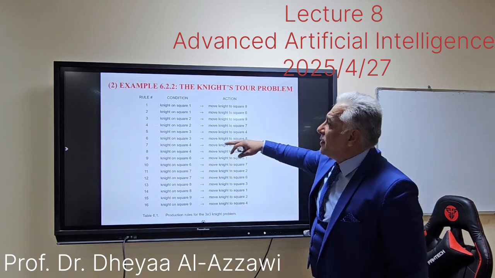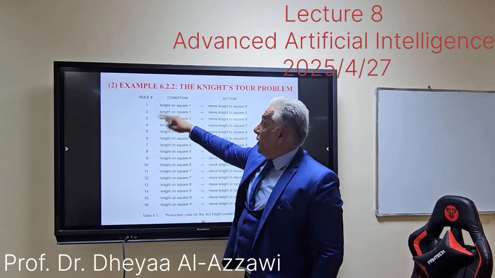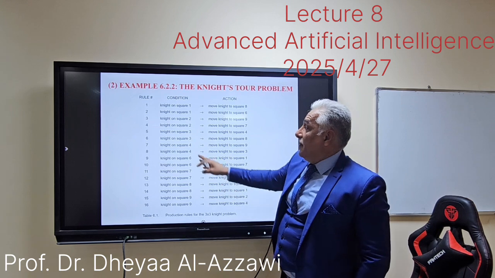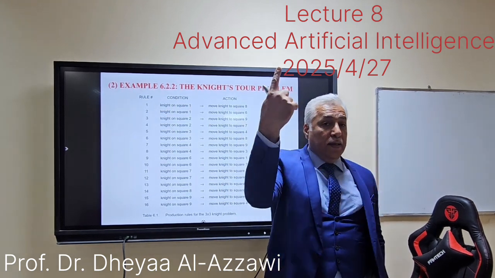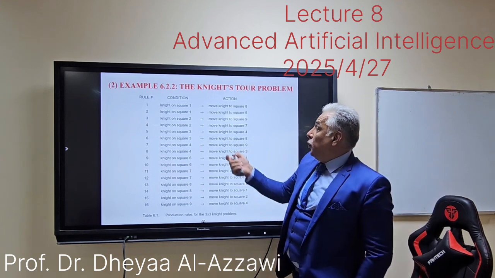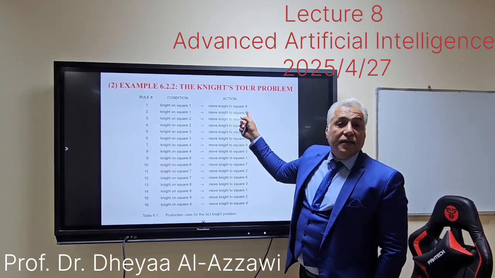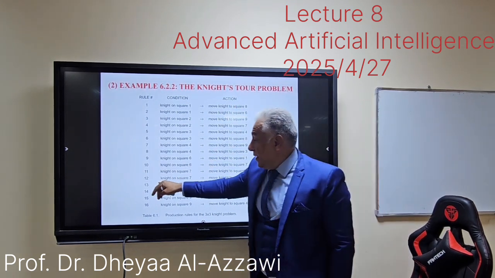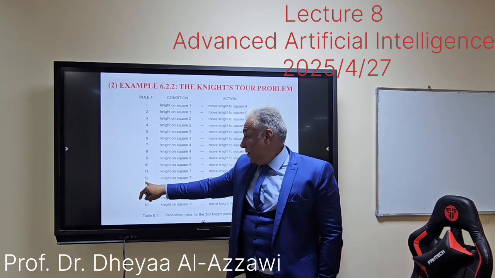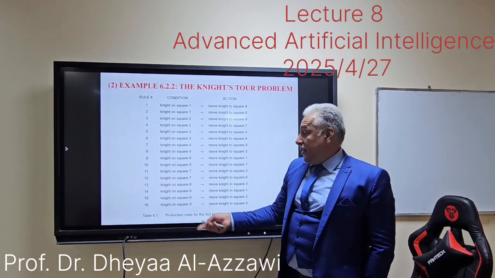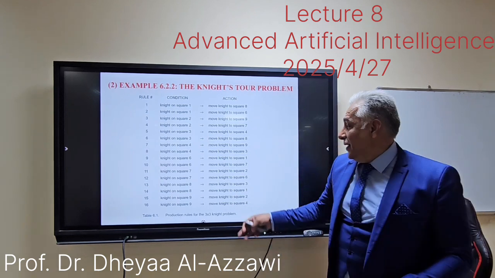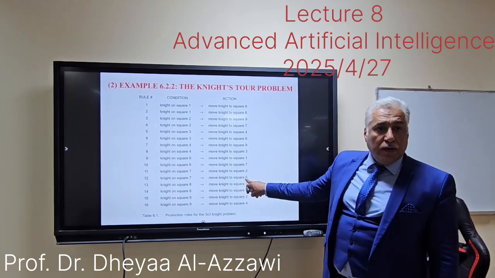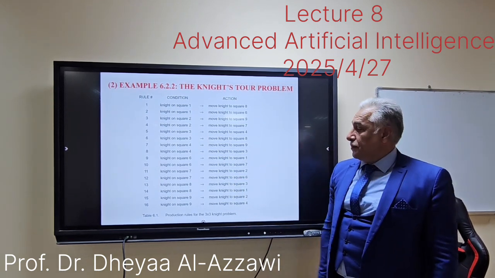For example, the first rule consists of two parts, conditions and actions. The condition: if the knight is on square 1, then it will be moved to square 8. And for example, in the 12th rule, if the knight is on square 7, the movement will be to the location of square 6, and so on.